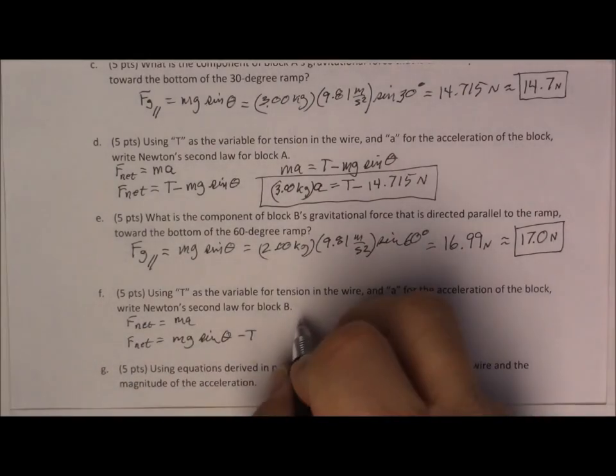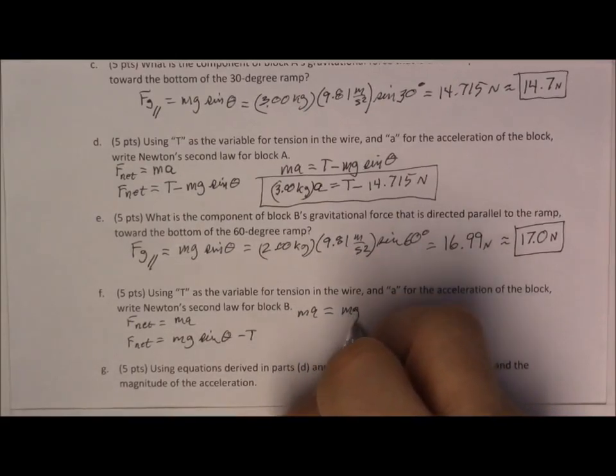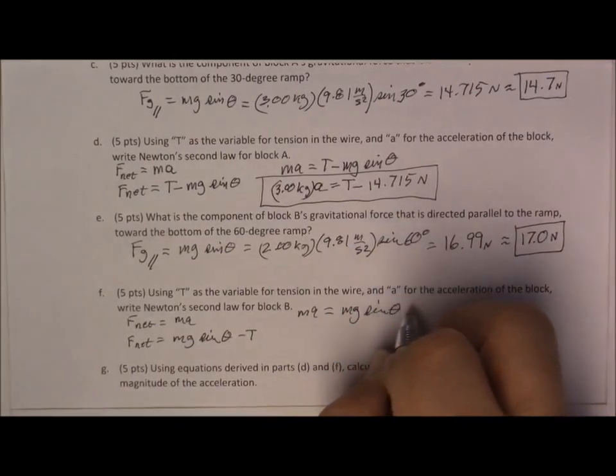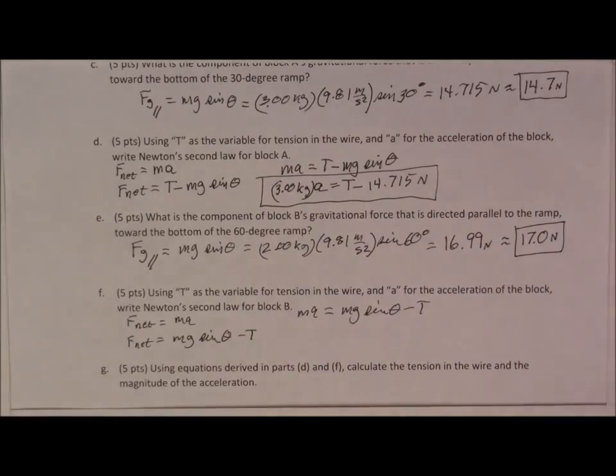Let's set them equal to each other. Ma equals mg sine theta minus T.